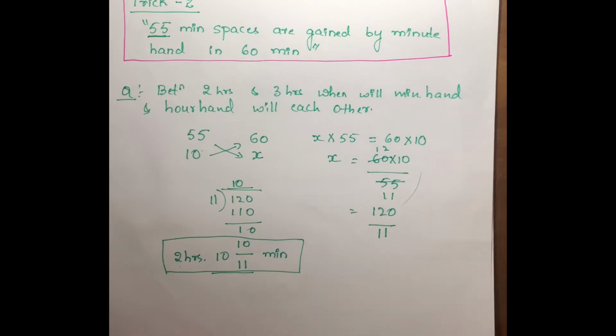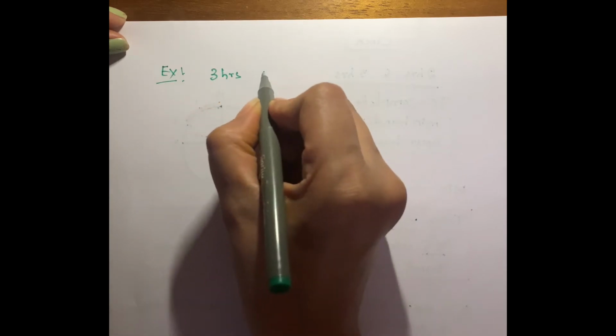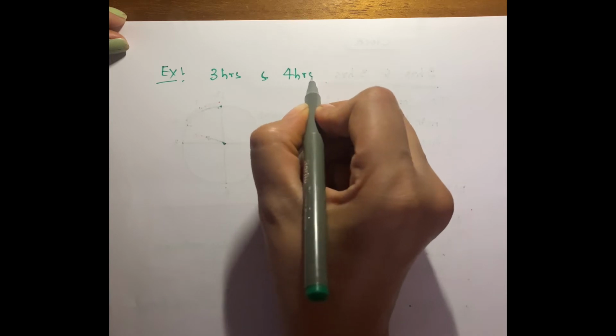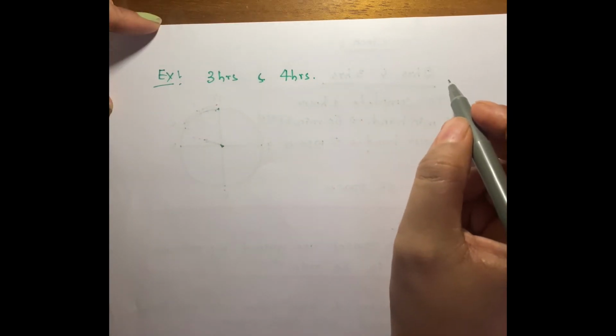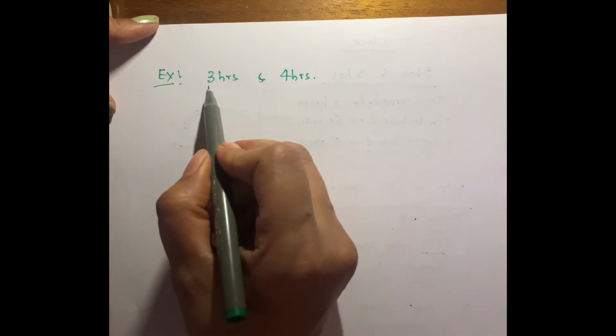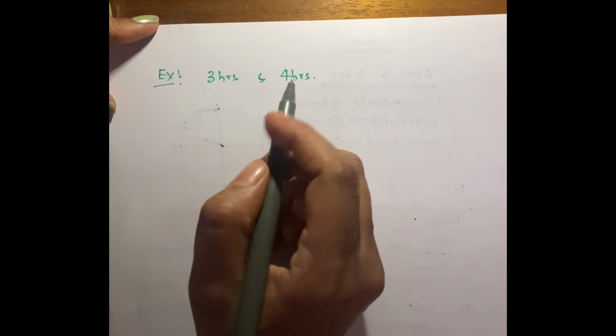We'll solve one more example now. I'll just write the timings here. The next one is between 3 hours and 4 hours. See, without a diagram also you can calculate. Between 3 hours and 4 hours means by the time it has reached 3 hours, it has covered 15 minutes, isn't it?